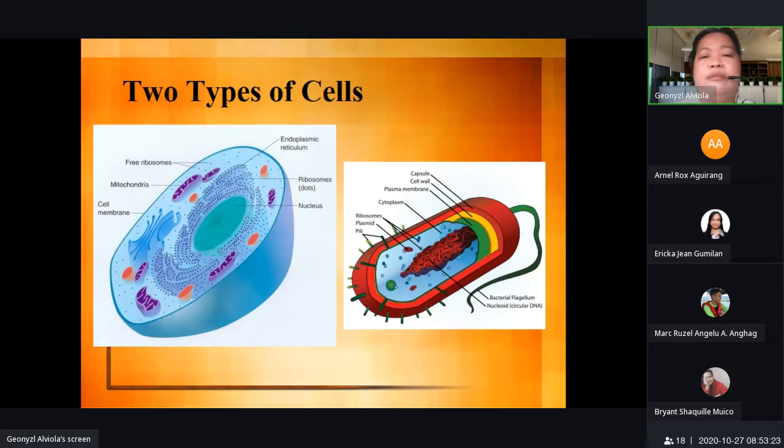So we have several types of cell. And this is one way we are differentiated from each other. And this is also a certain character of all organisms na ma-differentiate siya into different kingdoms.